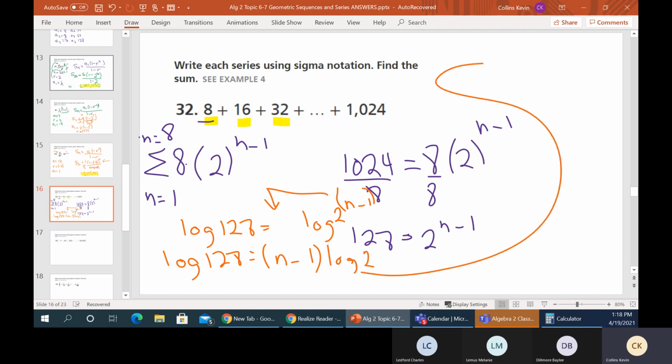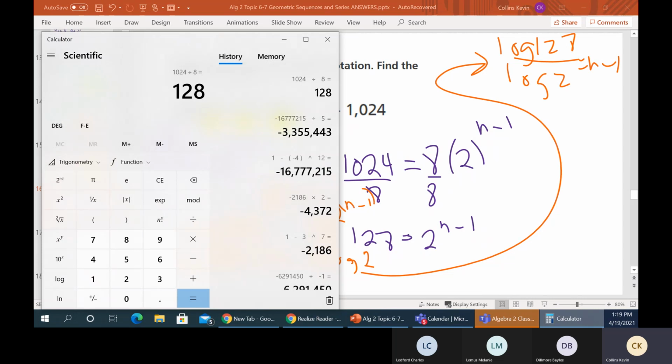Next move, we'll come on up here. We divide both sides by log of 2, so we got log of 128 over log of 2 equals n minus 1. Running out of space rapidly. All right, so let's get the calculator out before things get too out of hand. So we go 128. We already got that up there. We say log.